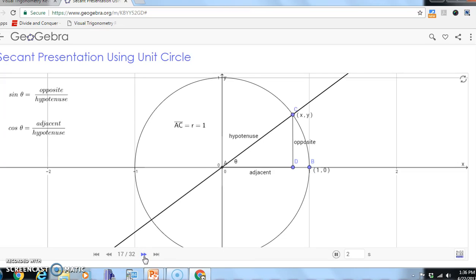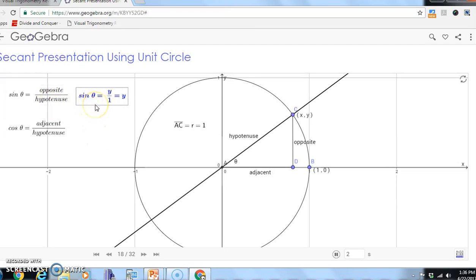What I can do now is come up to point C and give that an arbitrary point xy. And if that is point xy, then I could say that segment AD is x units long, and segment DC is y units long. And what I can do is take these values and plug them into my sine function.